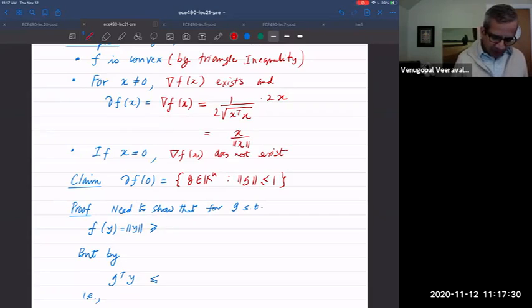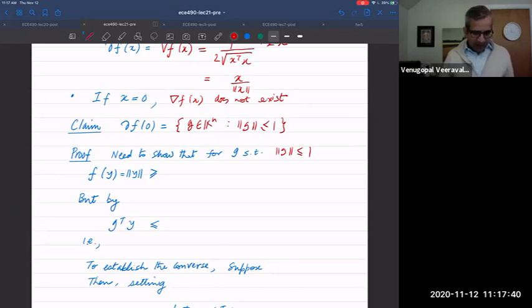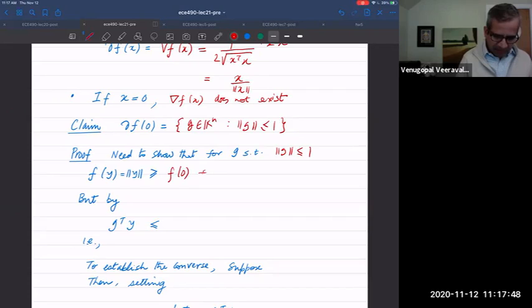So what we really need to show here is that for any g such that the norm of g is less than 1, f(y), which is the norm of y, is lower bounded by f(0) plus g transpose y. This is just the definition, for all y belonging to R^n.